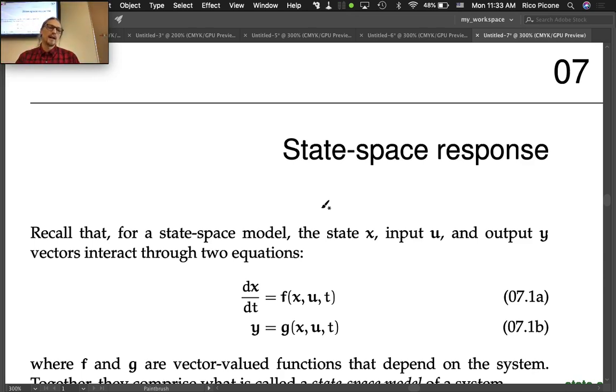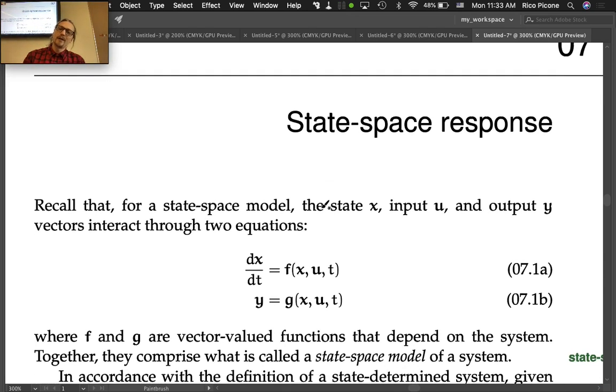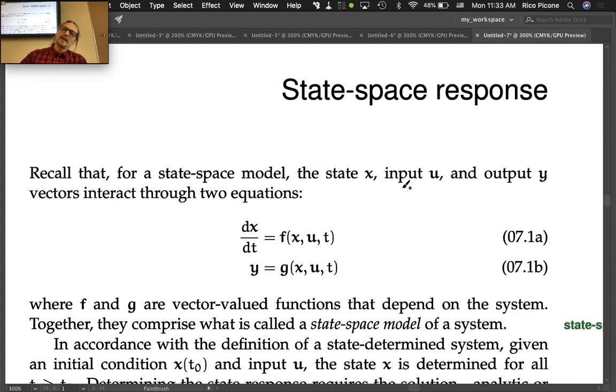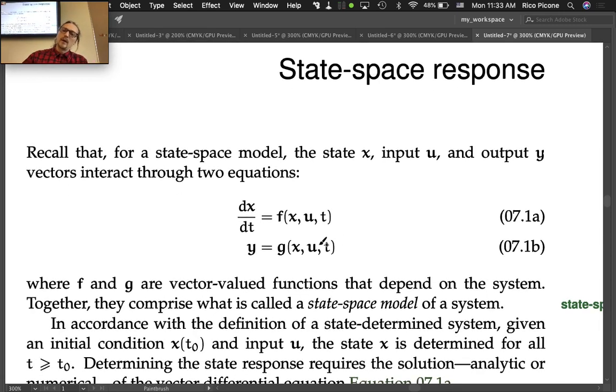So recall that for a state space model, the state x, input u, and output y vectors, or actually vector valued functions, interact through two equations. The state equation has the time derivative of the state variable vector, dx/dt, on the left-hand side, and then some function of the state variables, the inputs, and sometimes explicitly time.